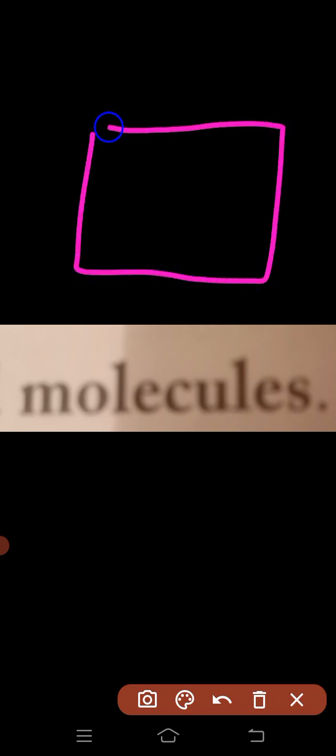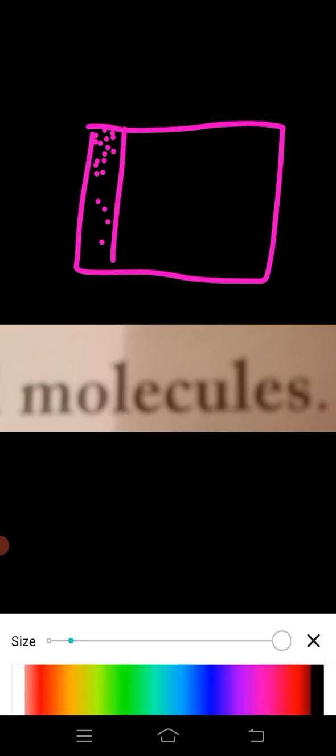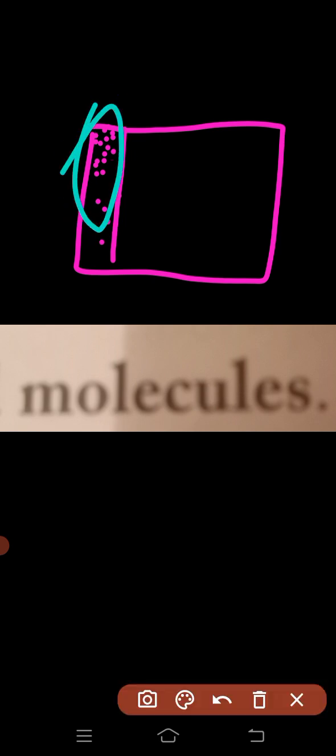Not only the pen, even your books are made up of small particles. So what do we call these particles? We call them molecules, the little small particles. Get it?